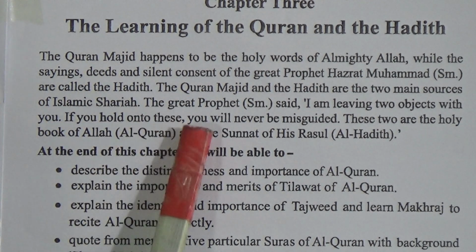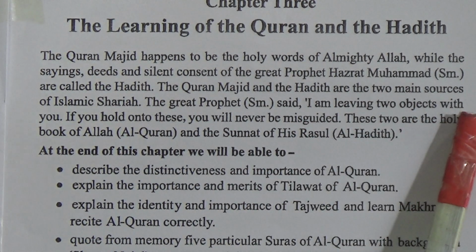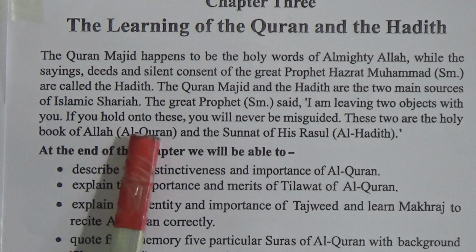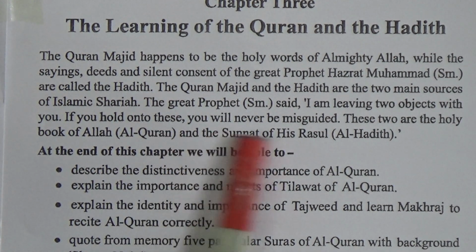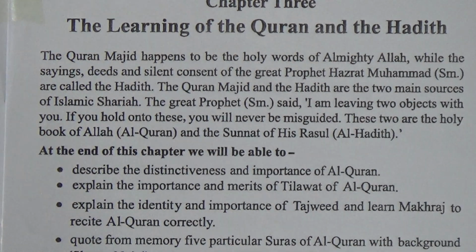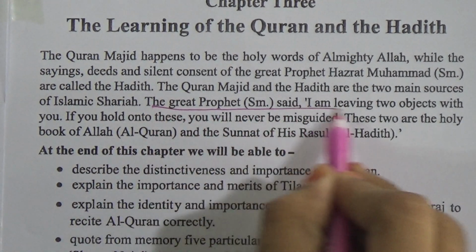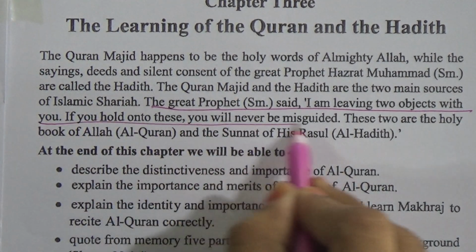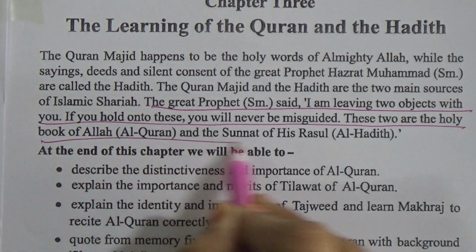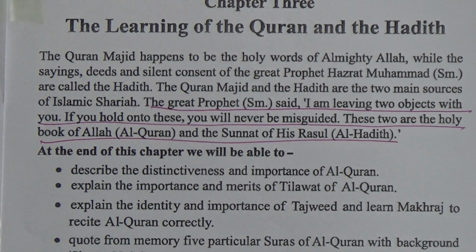Here it is written, the great Prophet sallallahu alaihi wasallam said, I am leaving two objects with you. If you hold on to these, you will never be misguided. These two are the holy book Al-Quran and the Sunnah of the Rasul. This is important for you. You can explain the importance of the Holy Quran by giving the speech of our Prophet sallallahu alaihi wasallam.